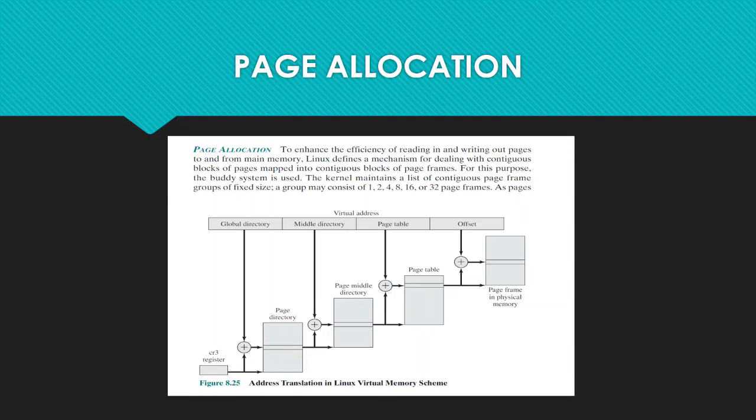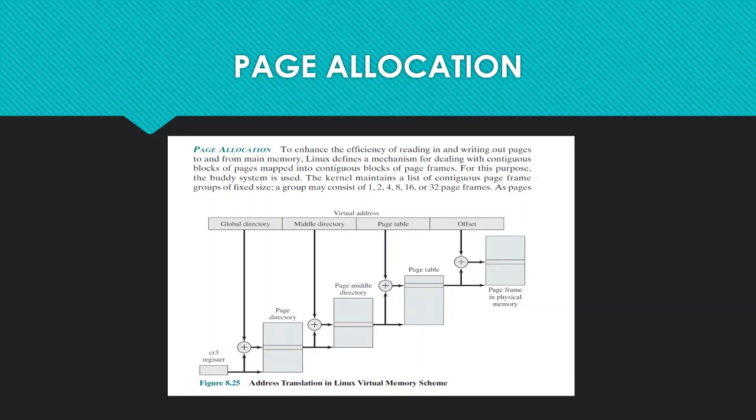Page allocation. Page allocation is important because it helps in enhancing the efficiency of reading in and writing out pages to and from main memory. Linux defines a mechanism for dealing with contiguous blocks of pages mapped into contiguous blocks of page frames.